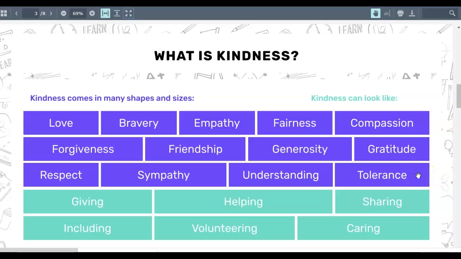And I don't just mean tolerance of someone's skin color or their race or their religion or their political beliefs. I'm not talking about tolerance for someone whose beliefs are different from ours or maybe who looks different from us. I'm talking about tolerance for people who we, for whatever reason, for no reason, don't feel any real connection to.